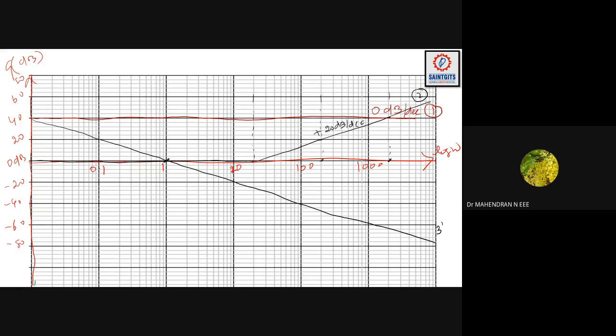So this is your third term, and it is minus 20 dB per decade. Why is it minus 20? From one frequency to another frequency, how much does it cross? It is minus 20. That's the reason for minus 20 dB per decade. If you multiply this 1 by 10, the next corner frequency will be 10.